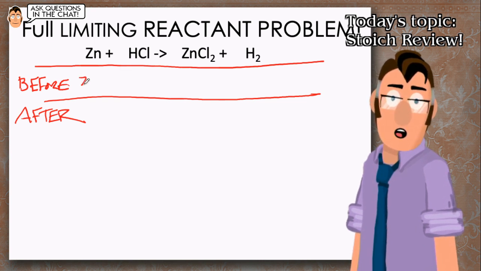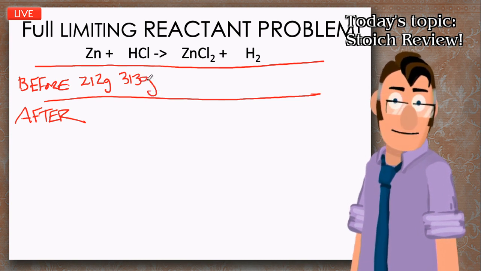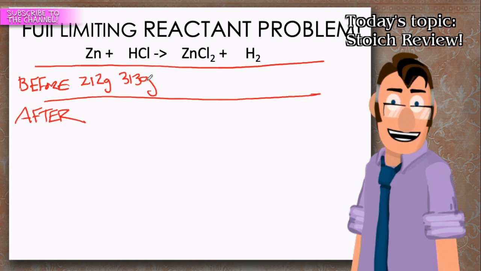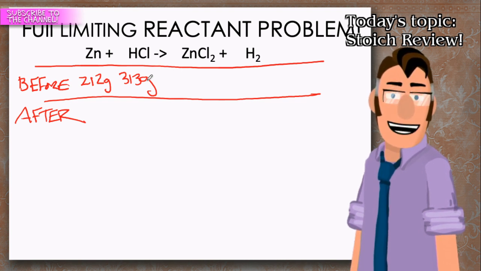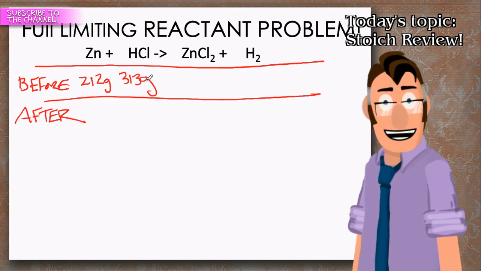So let's see what we have here. We had 212 grams of zinc to start with. We had 313 grams. Oh, did I put 69 instead of 65? Oh, if I did that, thank you, Rachel. I'm doing my calculations based on my original ones.